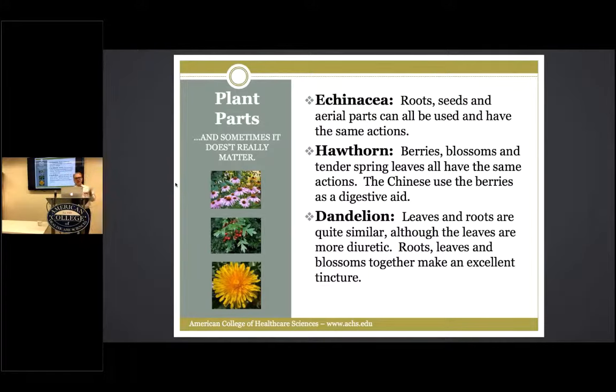So in older books, when you read about hawthorn, there won't be anything about the Western use. More modern books, of course, have included that. So there's been some cross education there. Dandelions, the leaves, roots are quite similar. The leaves are more diuretic, but when I go out and harvest dandelions, I tincture the blossoms, I tincture the roots, I tincture the leaves, and that makes a wonderful tincture.